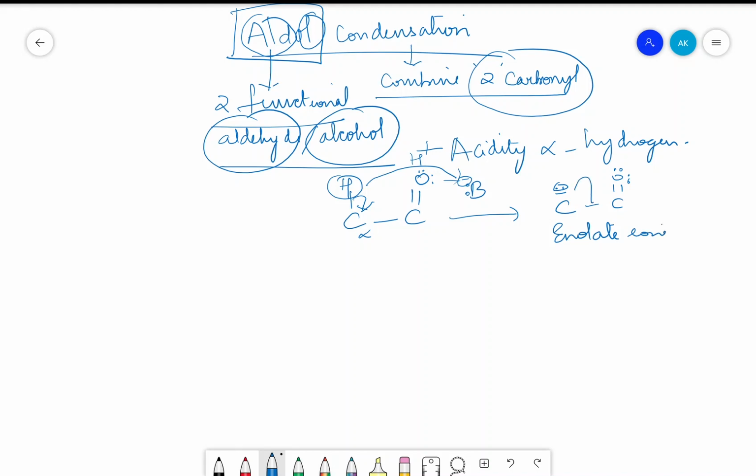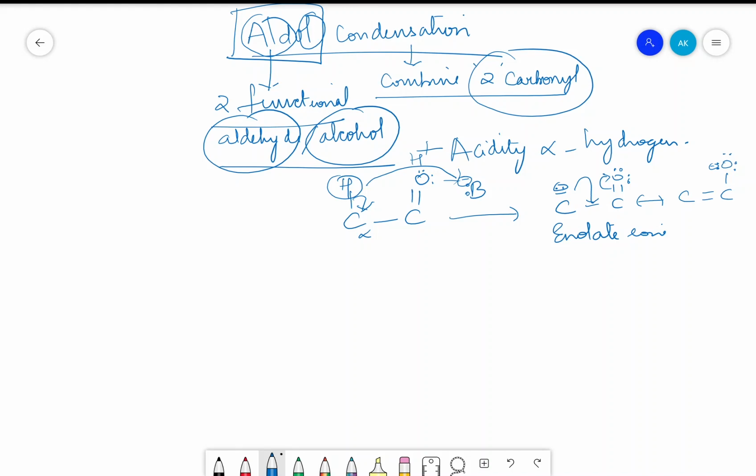That means this will be shifting here and this bond can shift here, so that we'll get carbon double bond C. Oxygen already was having two lone pairs, it will have one more lone pair with a negative charge. This is what we have discussed in the topic of acidity of alpha hydrogen.